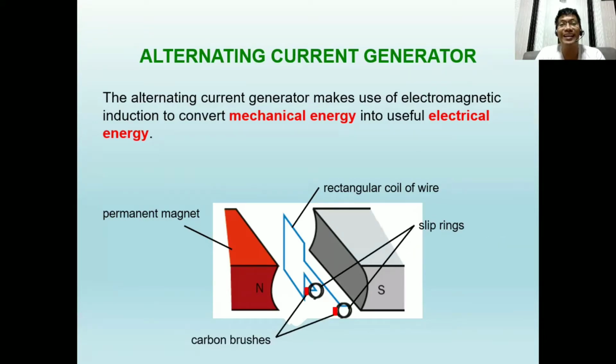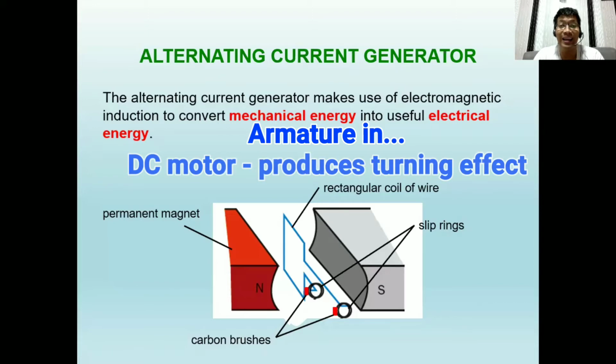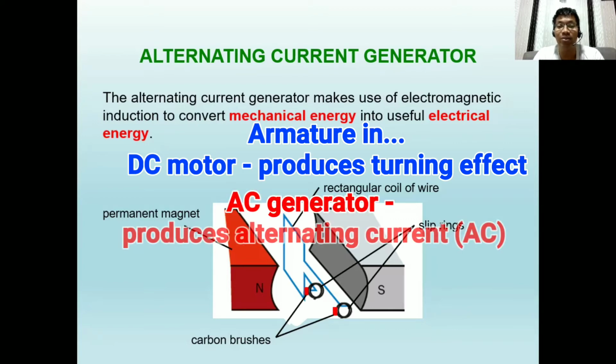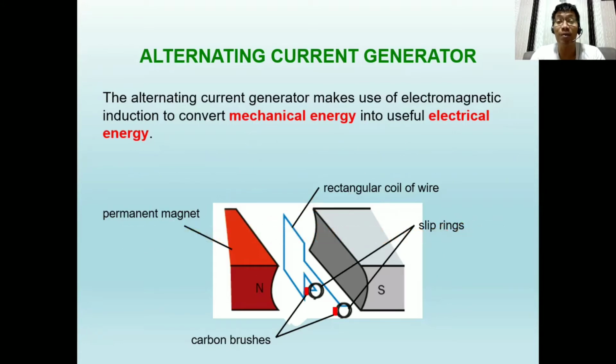Kung natatandaan natin, sa DC motor, ang function ni armature or ng rectangular coil wire ay ito ay nagpo-produce ng turning effect. Pero dito sa AC generator, ang function nito ay mag-produce ng electric current in the form of alternating current. Isa pang comparison ay ang function ng carbon brushes.